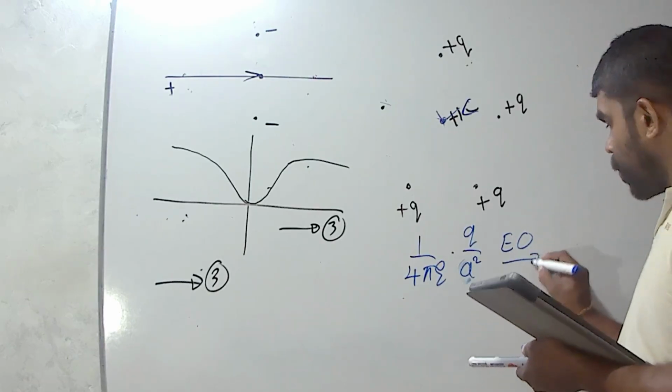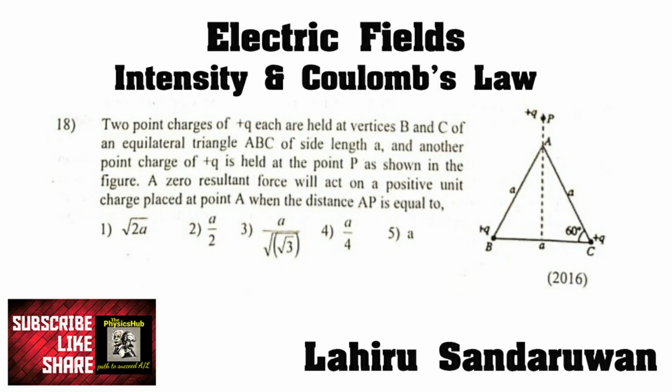Then answer is 2. 2 point charges of plus q each are held at vertices B and C of an equilateral triangle ABC of side length a, and the other point charge of plus q is held at point P as shown in the figure.